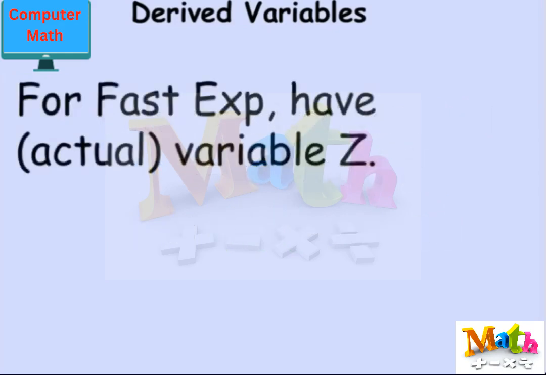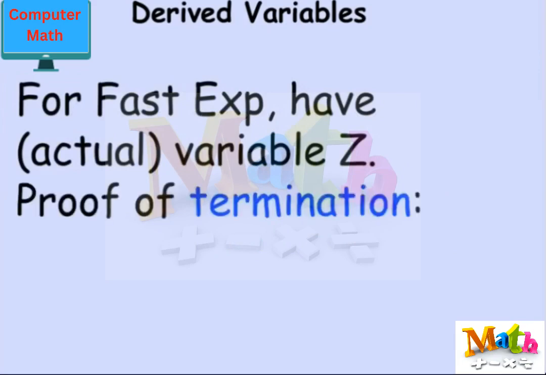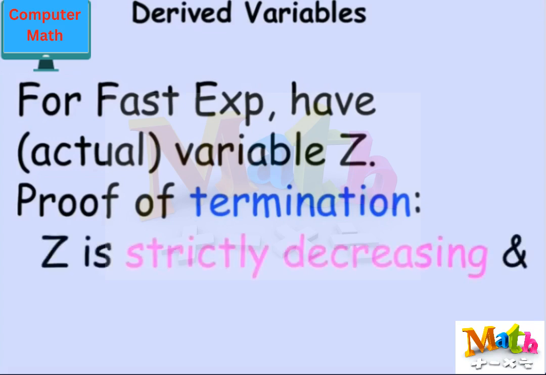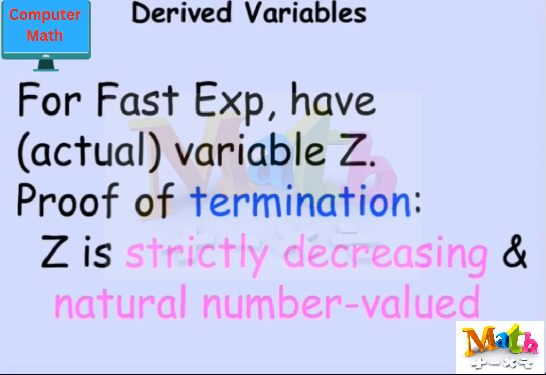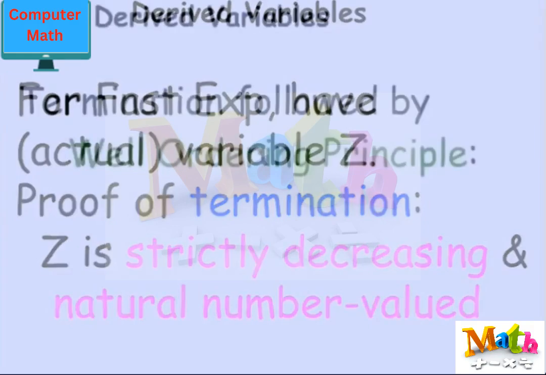So in the case of fast exponentiation, we looked at the actual variable z, which was part of the invariant and a crucial part of the program. And what we noticed about z was that z was a strictly decreasing and natural number valued variable. As a matter of fact, we noticed that it halved at each step, but its values were non-negative integers, and it's strictly decreasing at every step.